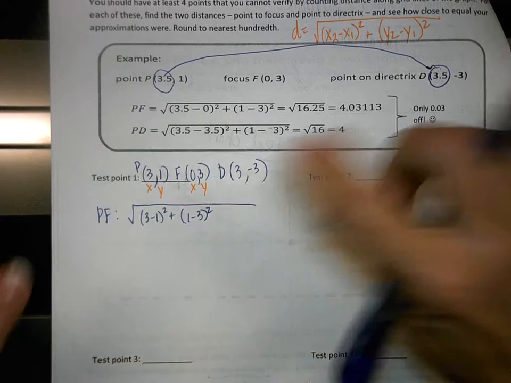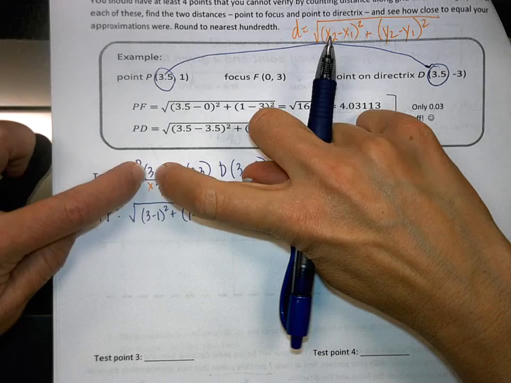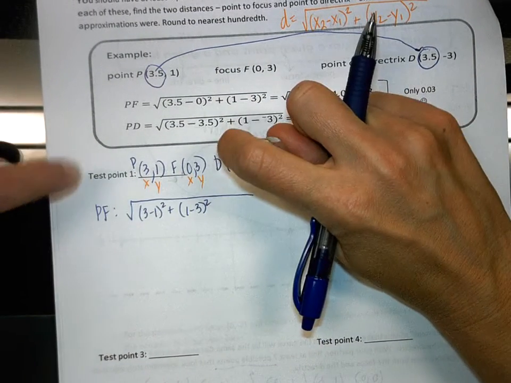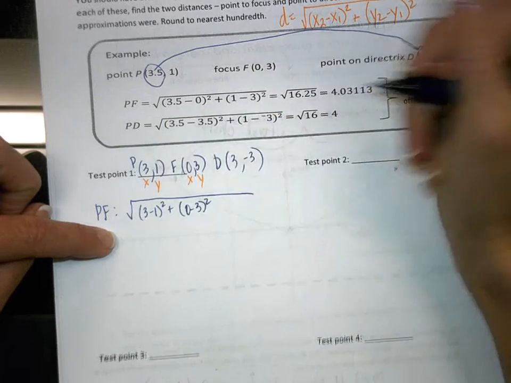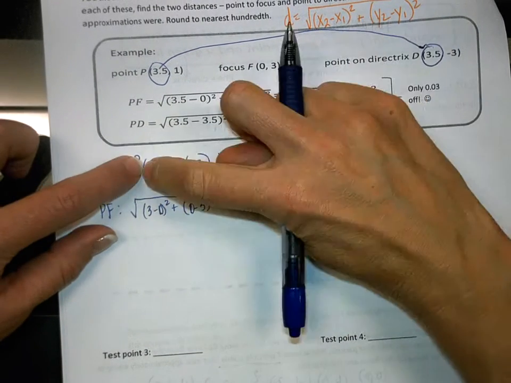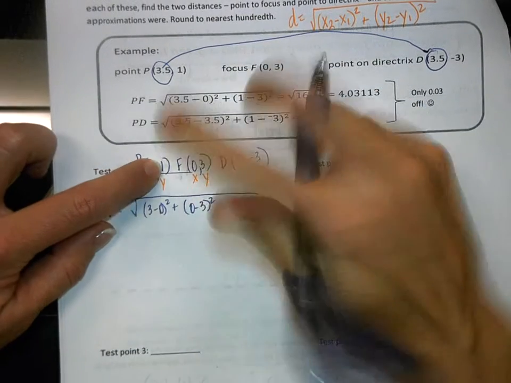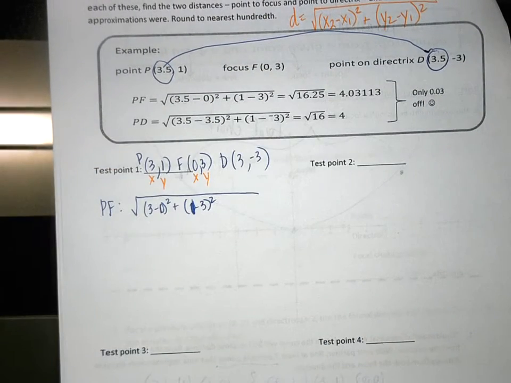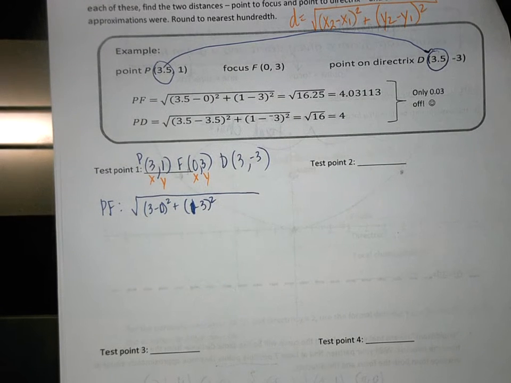Wait, so you took the... So since I started with this first point, I put that 3 minus, just kidding, 3 minus 0. Wait, oops, 3 minus 0. Oh my goodness. And then because I started with 3, then over here I have to start with 1. 1 minus 3. Okay, do we agree with that now? 3 minus 0 squared plus 1 minus 3 squared.